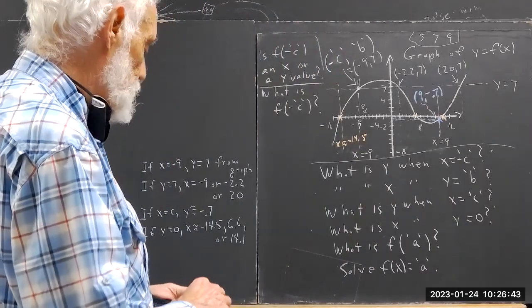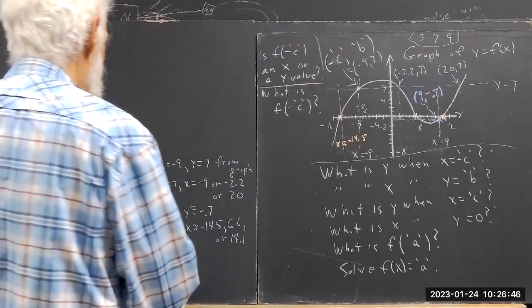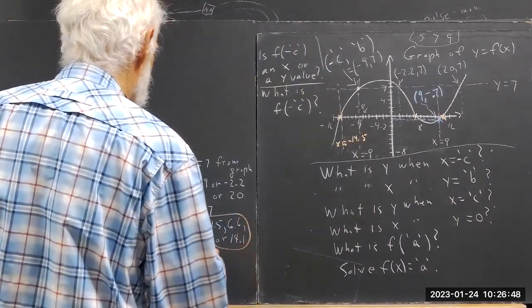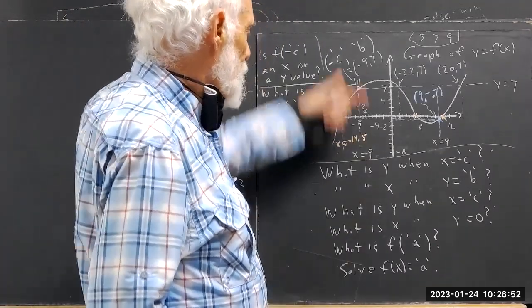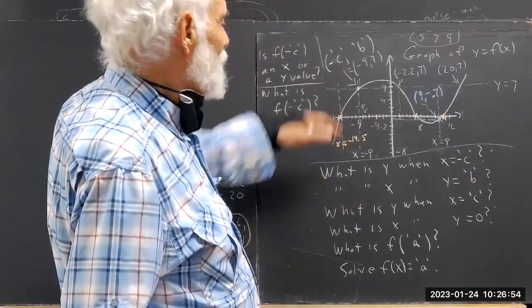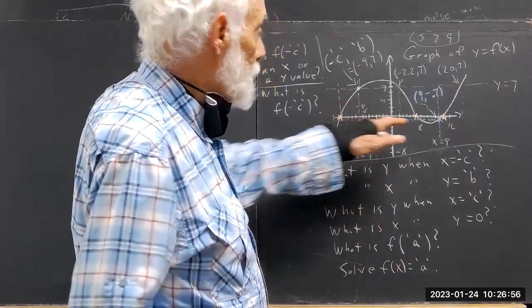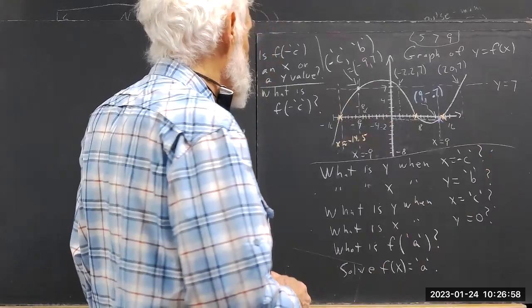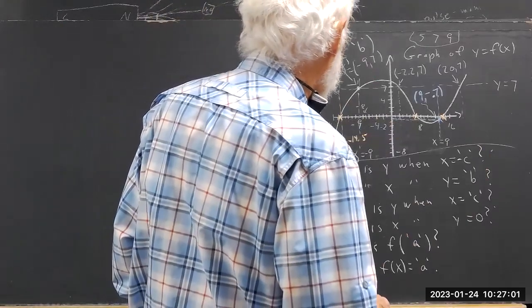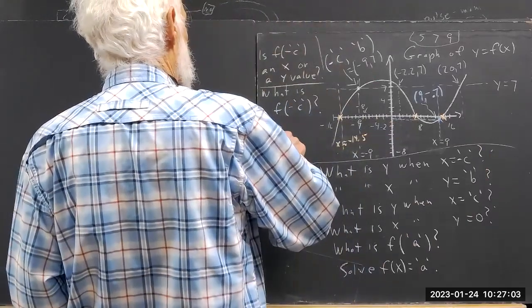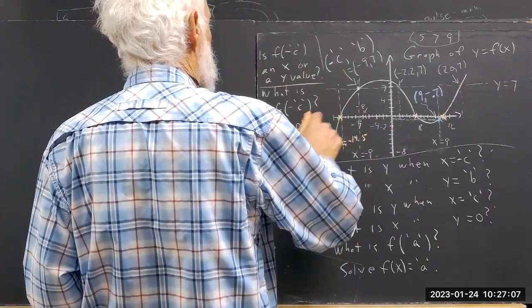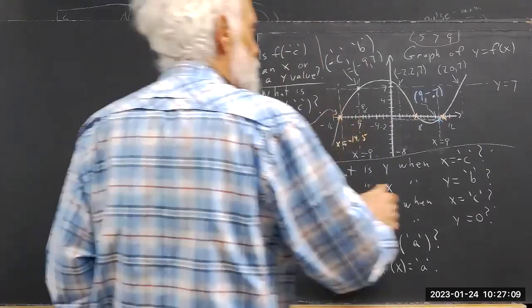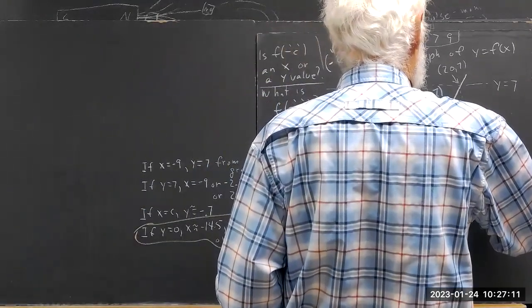Okay, so those points give us this. And if I'd left myself more room down here, I could have labeled these points. But I can label this one, and I could probably label this one safely.